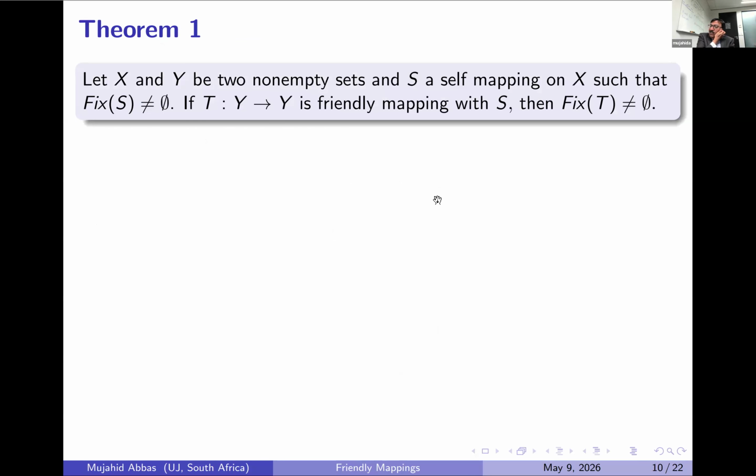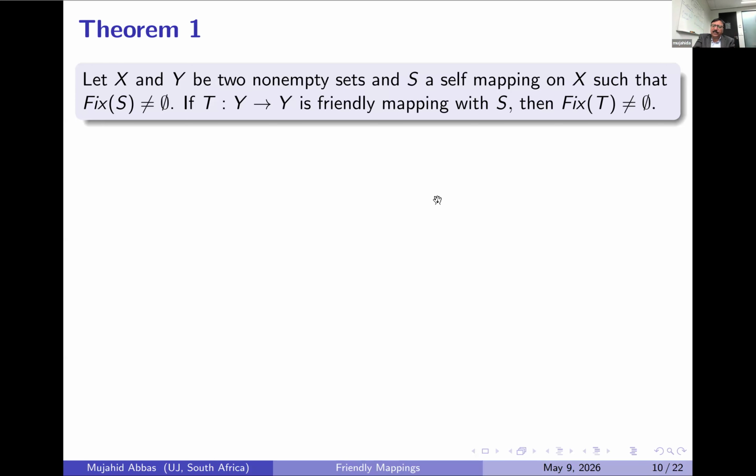Now you will find this is a very simple way of proving the existence of a fixed point. In that case, you have two non-empty sets, and you have a self-mapping S on X such that the set of fixed points of S is non-empty. If there is another mapping T which is a friendly mapping with S, then the fixed point set of T is also non-empty. Fine.